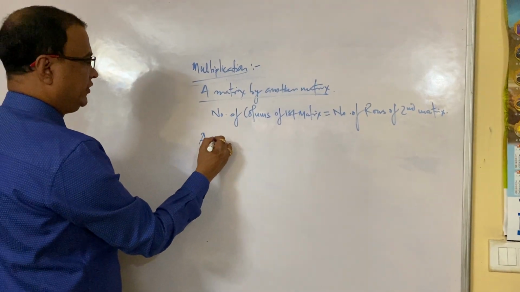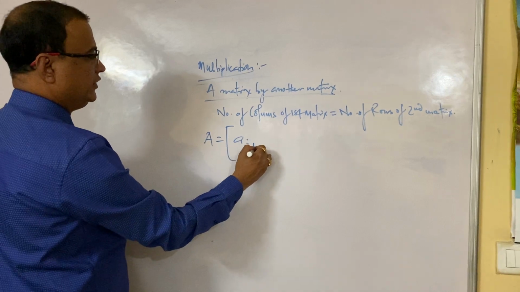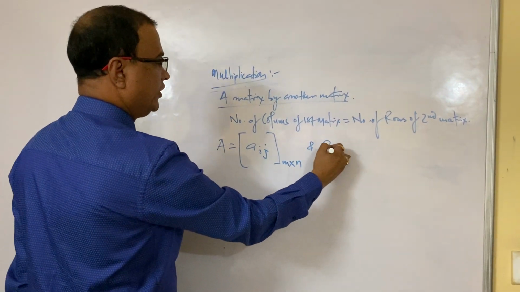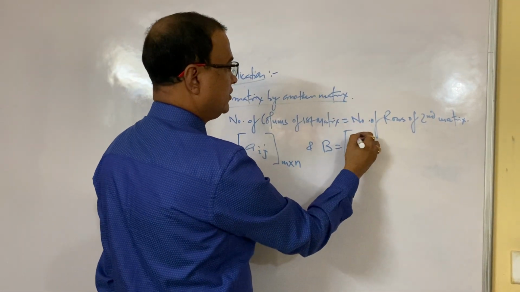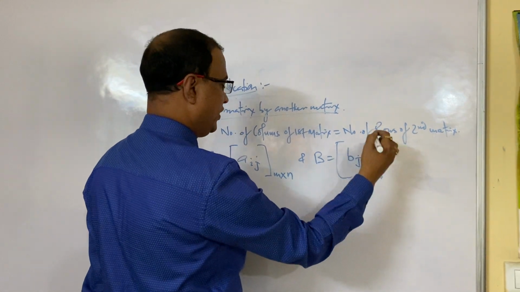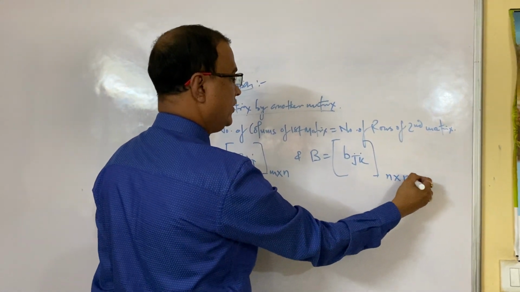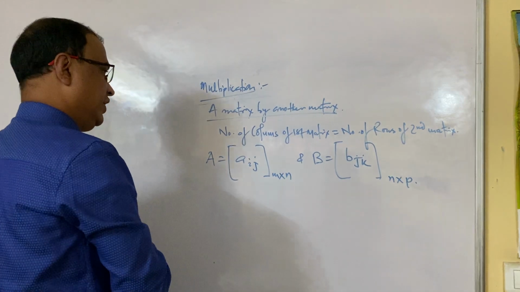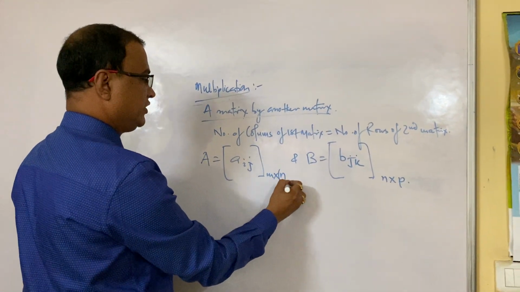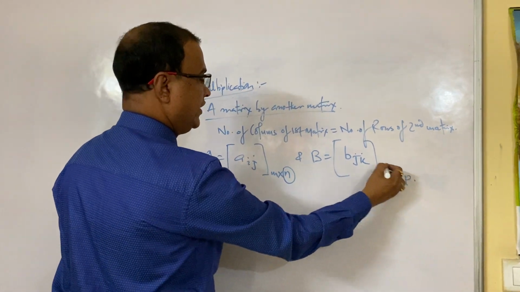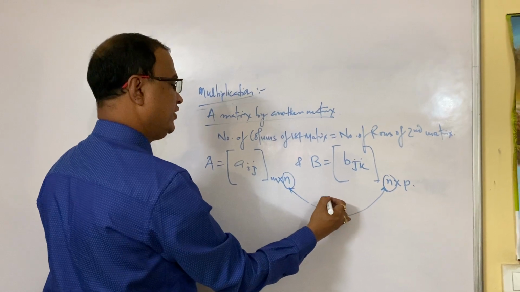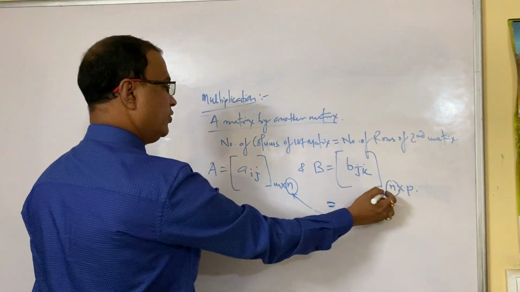For example, suppose A is a matrix Aij having order m by n, and B is a matrix B jk of order n by p. Then if you want to multiply, you can see the number of columns is n and the number of rows is n, so these are equal: the number of columns is equal to the number of rows.